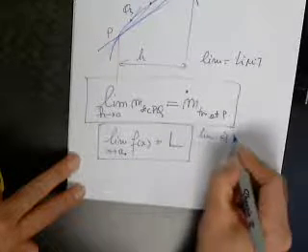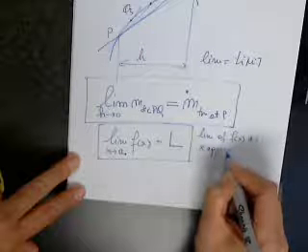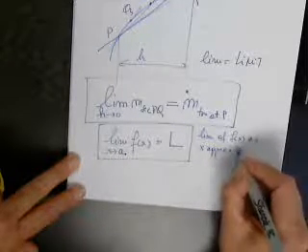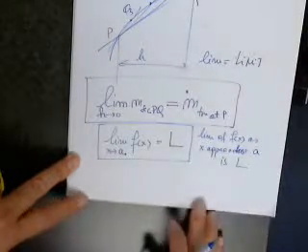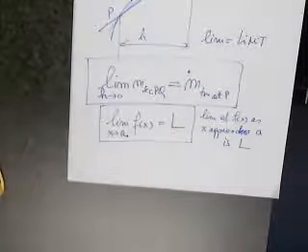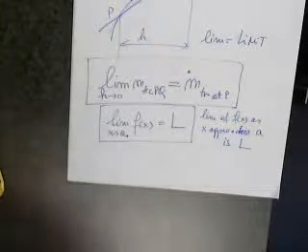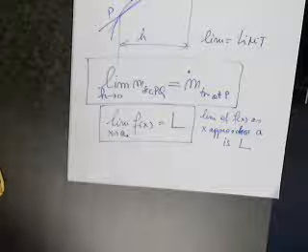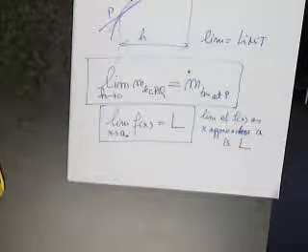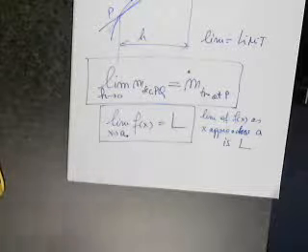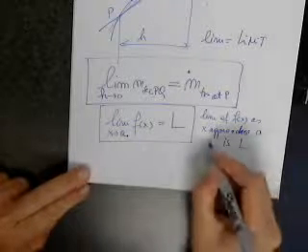Limit of f of x as x approaches a is L. We don't know what this means yet. It means a lot. But for now, we're just looking at it, and we just want to understand how to read it first. Limit of f of x as x approaches a from either side.